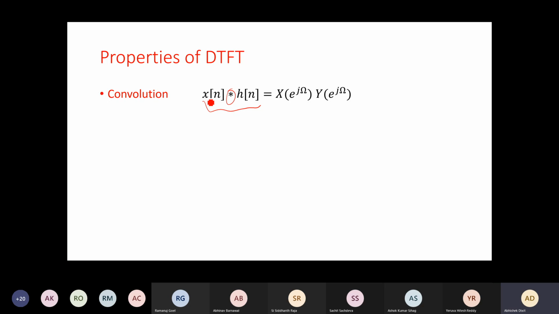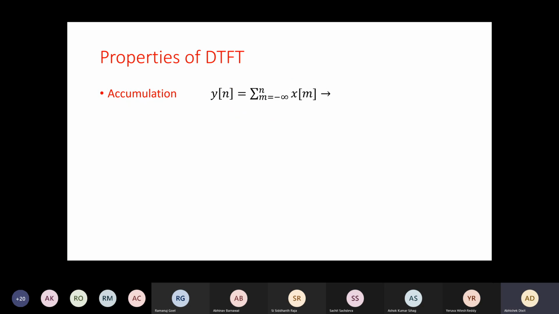Convolution of two time domain signals. We know in CTFT what it was, multiplication of frequency counterparts. So convolution in time domain leads to multiplication in frequency domain. This is also same here, no changes. Proof is similar to what we have done before.